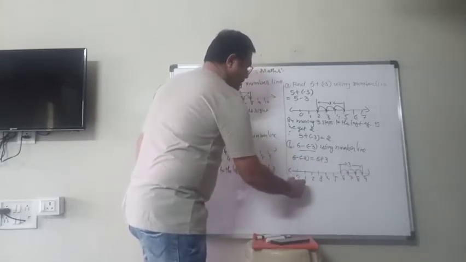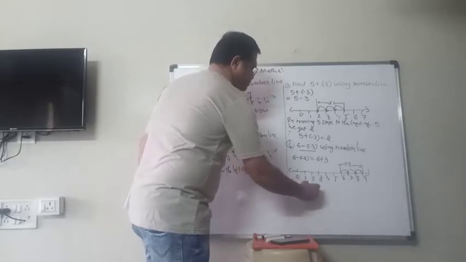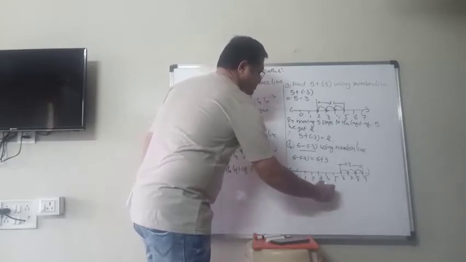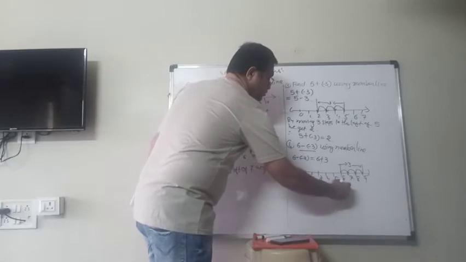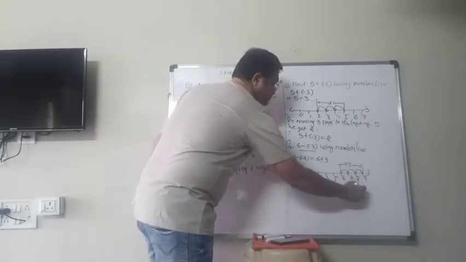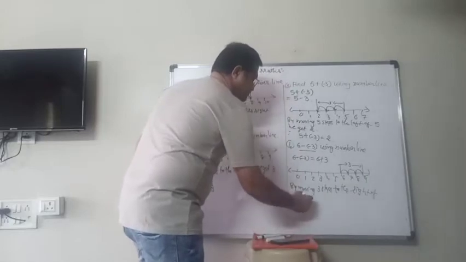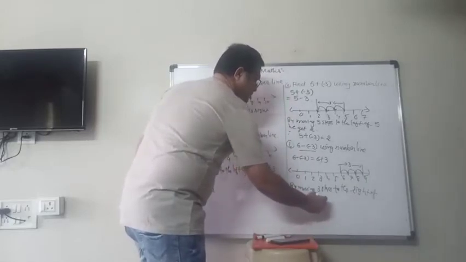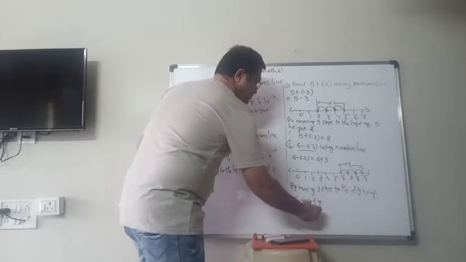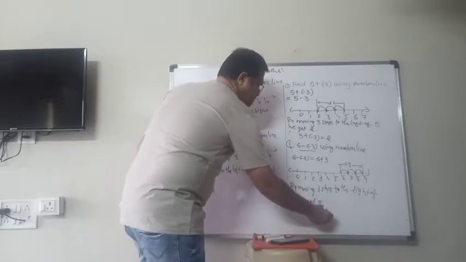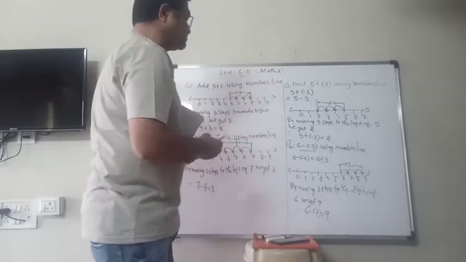So by moving 3 steps to the right of 6, we get 9. Therefore 6 minus minus 3 equals 9.